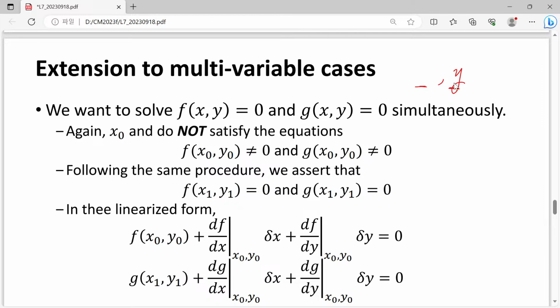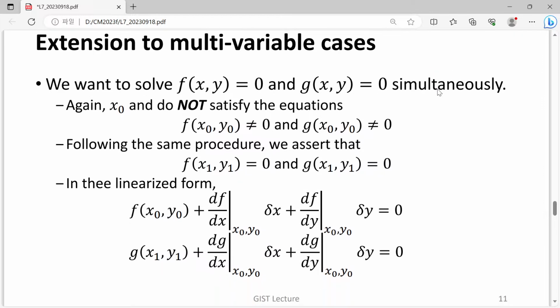Then now we proceed exactly the same way, although quite boring, so let me just do it. Here I have also one typo. Again, your initial guess x naught and y naught do not satisfy the equations.